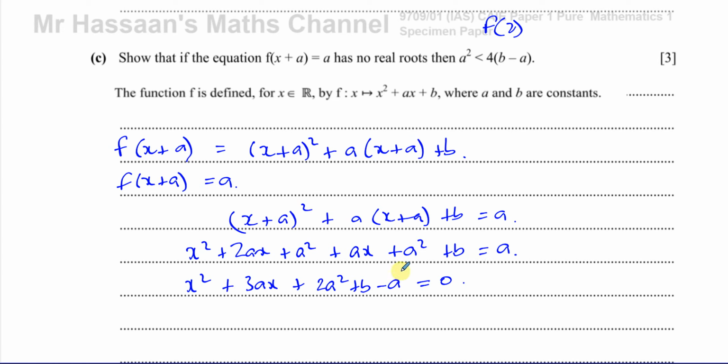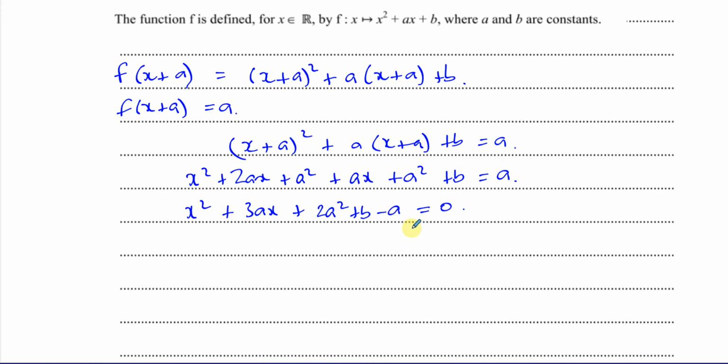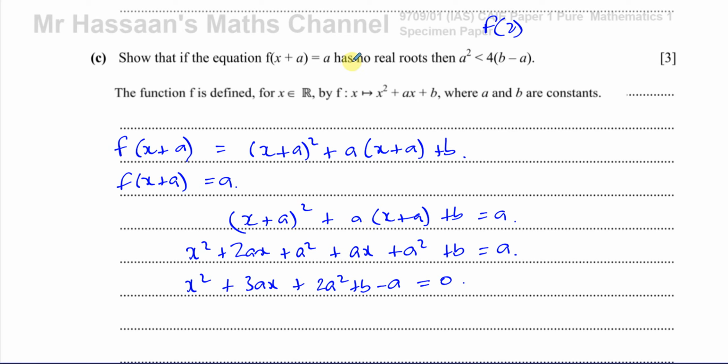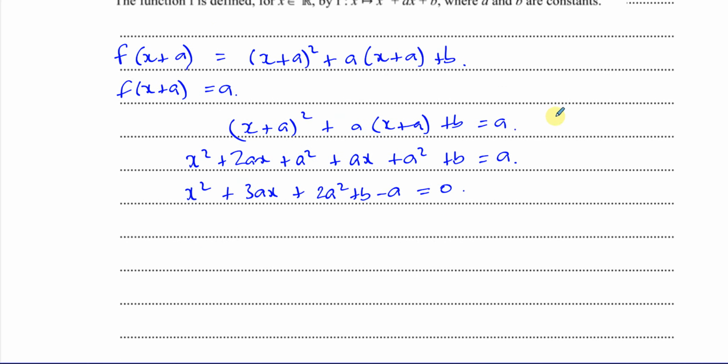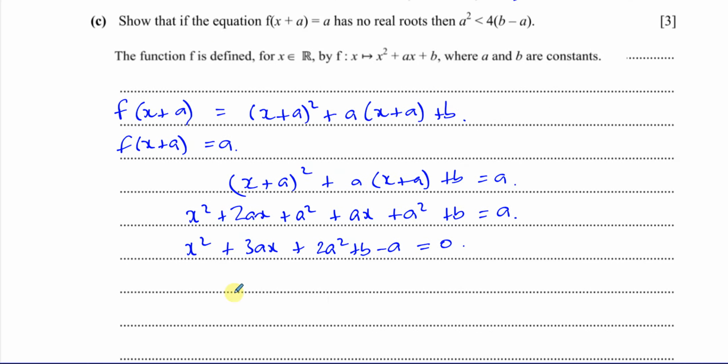So now I have this equation in a quadratic form, ax squared plus bx plus c. Now, we want to show that when this has no real roots, there are no real roots when the discriminant is less than 0.